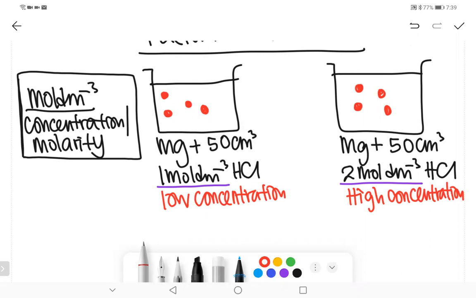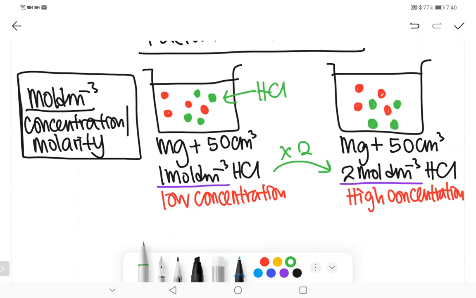So when we use high concentration, what is the deal? When we use high concentration, it means we have more particles. For example, just assume 1 mole per dm cube has 4 particles. The green color is the hydrochloric acid. Now if you double up the concentration, you double up the hydrochloric acid.